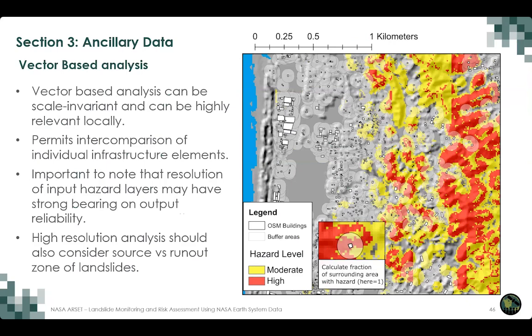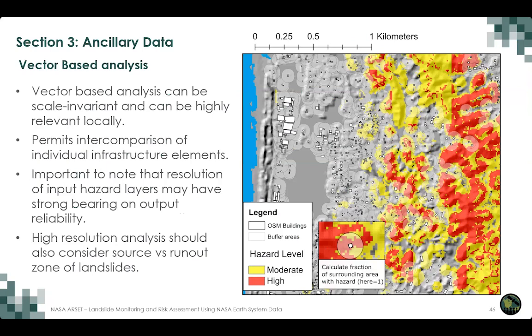And so again, thinking about not just the buildings, but maybe the buffered area around it is certainly a way that has been used for these more localized analyses. Whereas at much coarser scale, at 1 kilometer resolution, we would have to look at the density of buildings rather than the individual footprints to get an answer here.